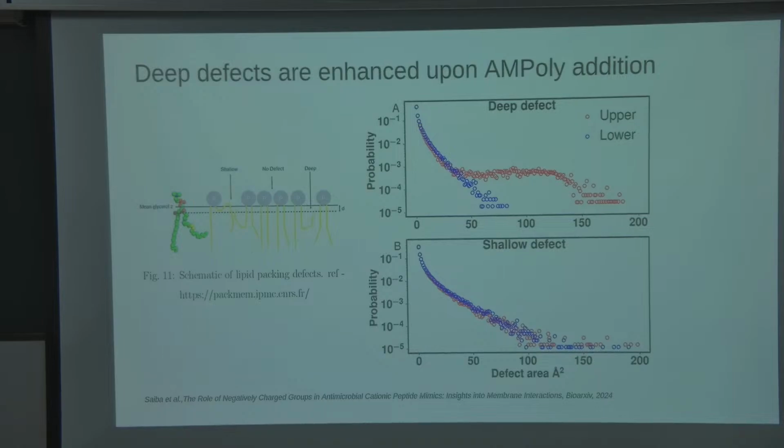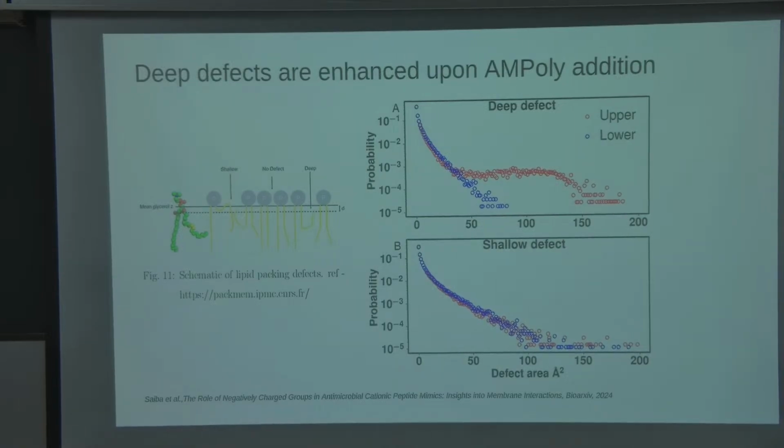The reason to specifically look at these defect sites is that research over the years has highlighted that these lipid packing defects are key to the recognition of polymers or peptides to the membrane surface. They mostly detect these defect sites, stabilize them, and thus partition in.